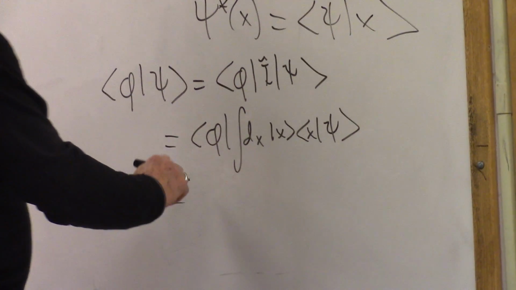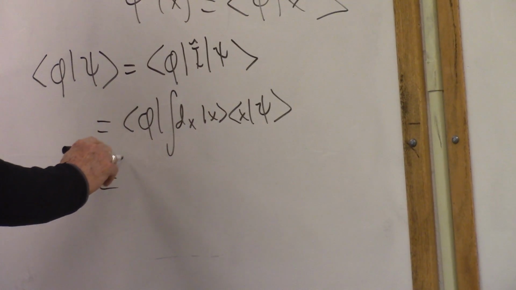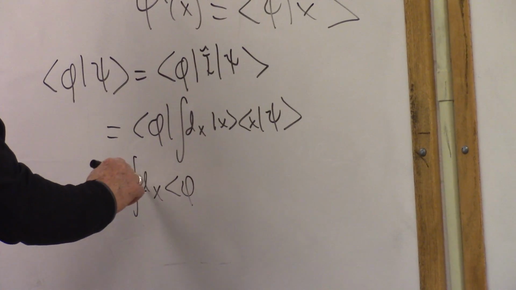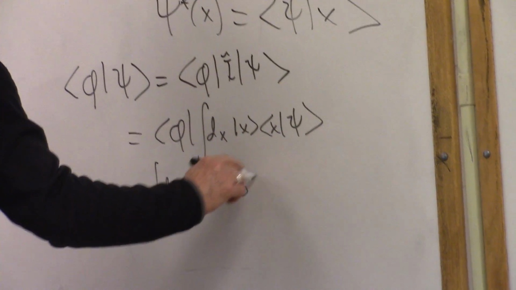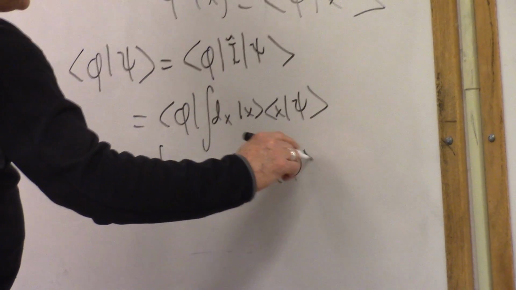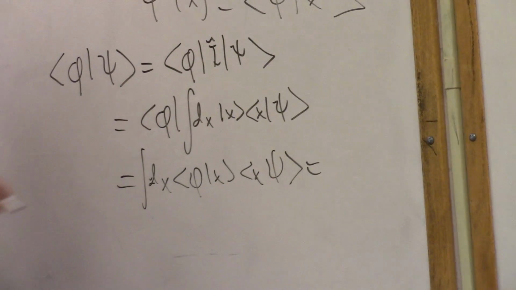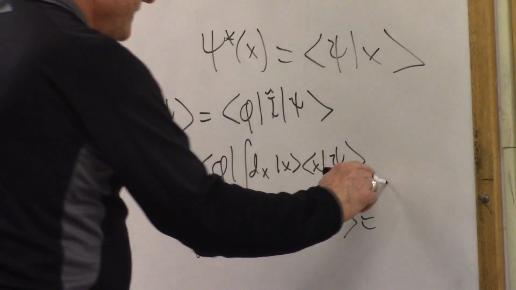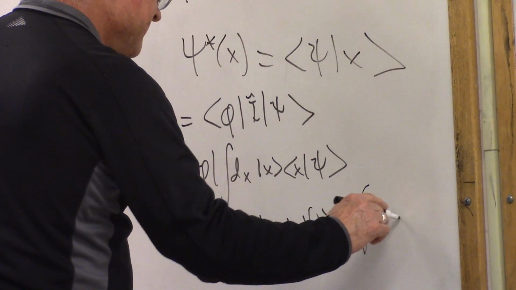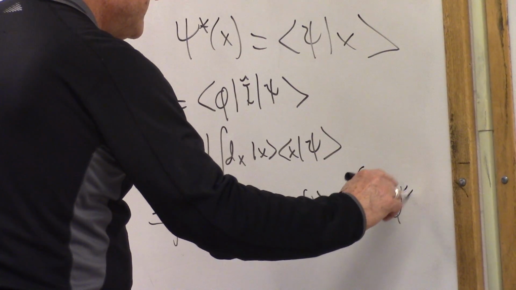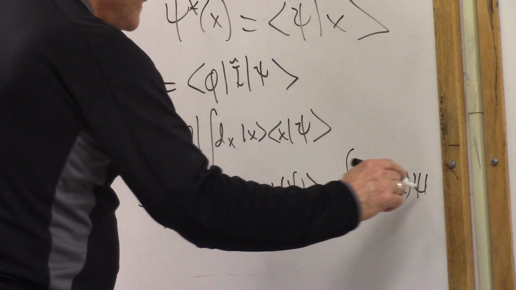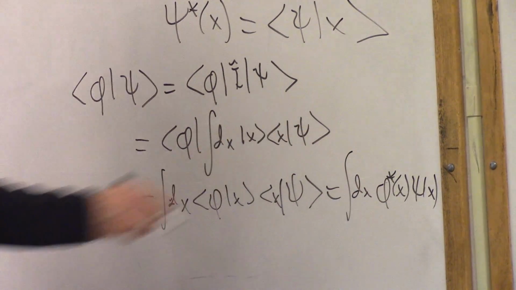I'll pull this outside, so you have integral dx phi x psi. And notice that now that just becomes what you're used to seeing before: integral dx phi star of x psi of x.